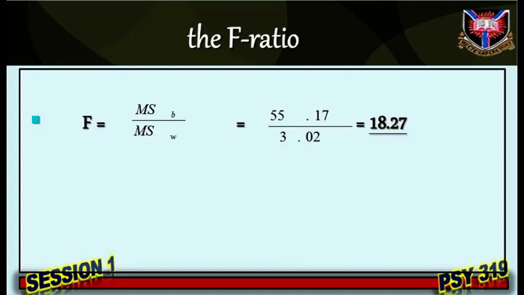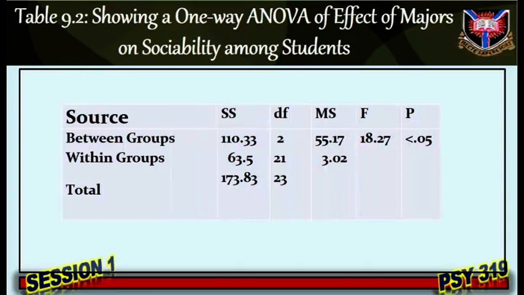You then need to present your result in a table. Table 9.2 showing a one-way ANOVA of effect of major on sociability among students. Source: SS, DF, MS, F, P. Between groups: SS 110.33. Within groups: 63.5.